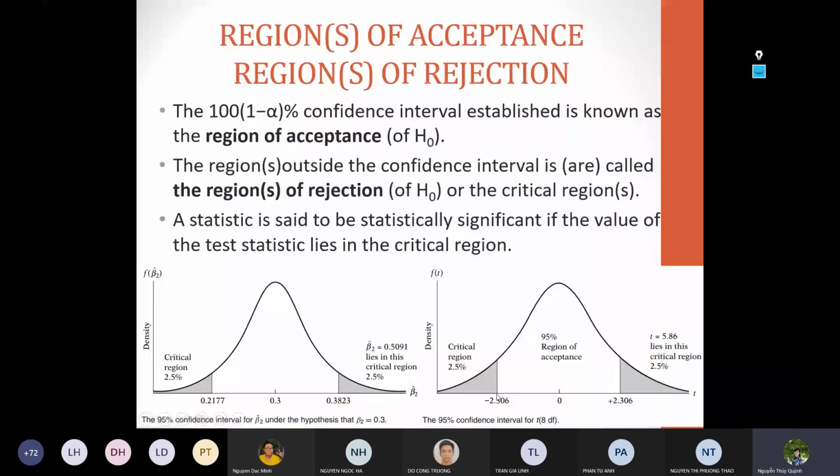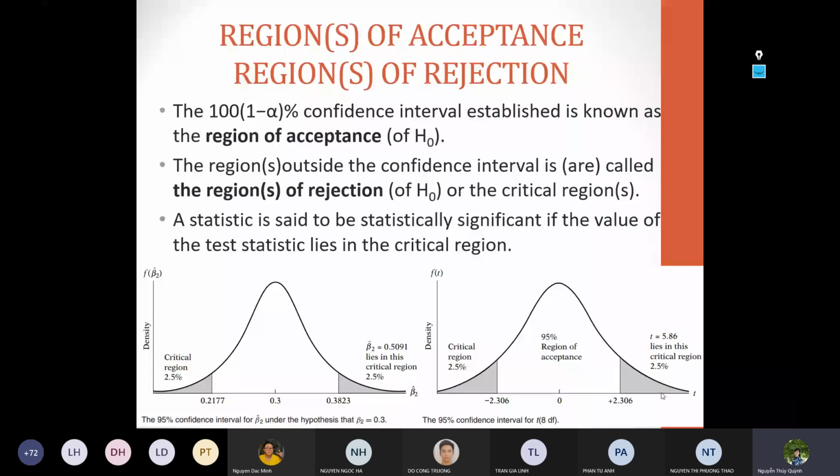But if the observed value of beta z hat falls into this gray area, and accordingly the observed value of t falls into this area, then we can reject the null hypothesis. We call this gray area the region of rejection, or the critical region, or rejection zone, for the null hypothesis.